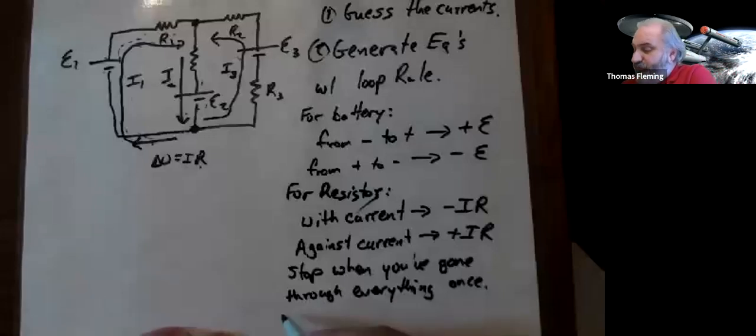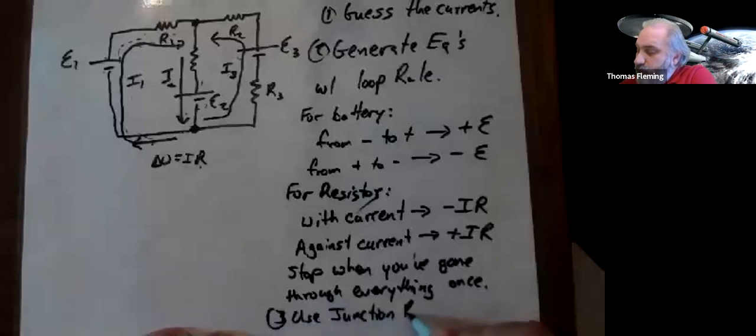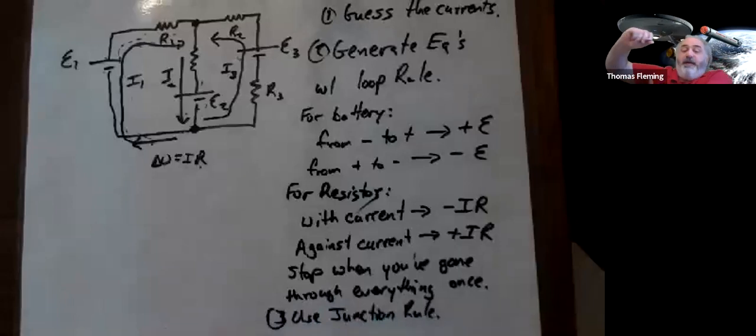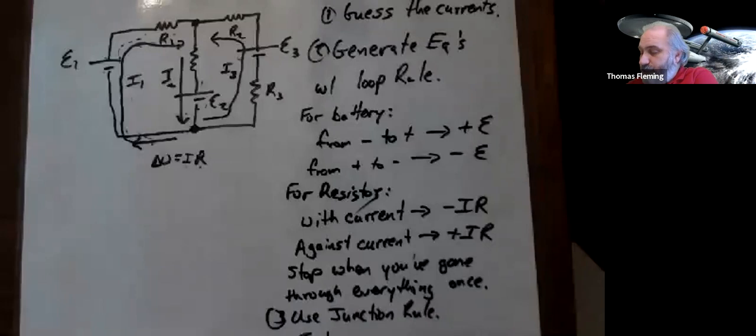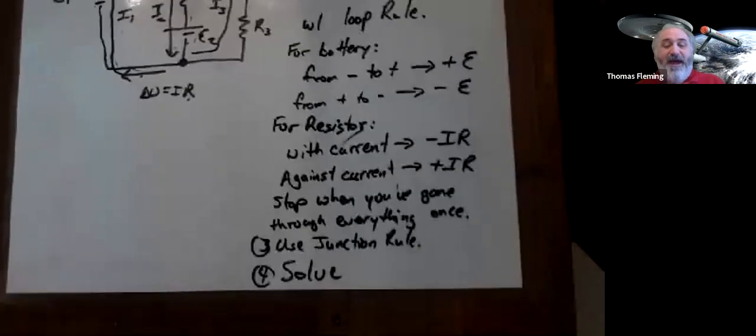So the third step is use the junction rule. We're going to use the junction rule until we get enough equations to solve. At step 4, do the math.